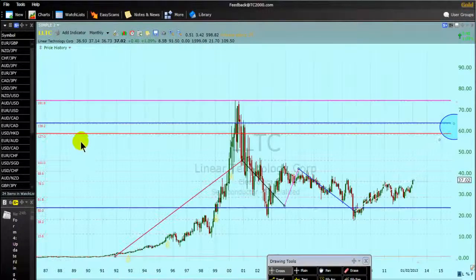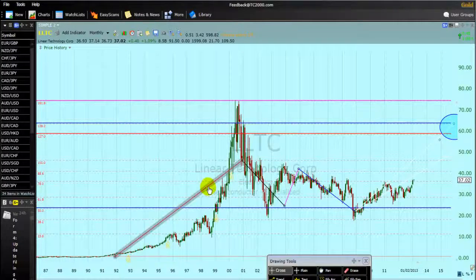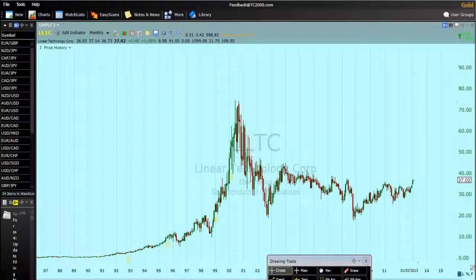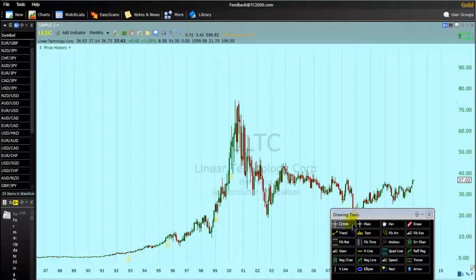Going back again to this chart on the monthly chart, I can remove all my drawings, and I want to measure how far the third Elliott wave went, the internal third Elliott wave on the monthly chart.